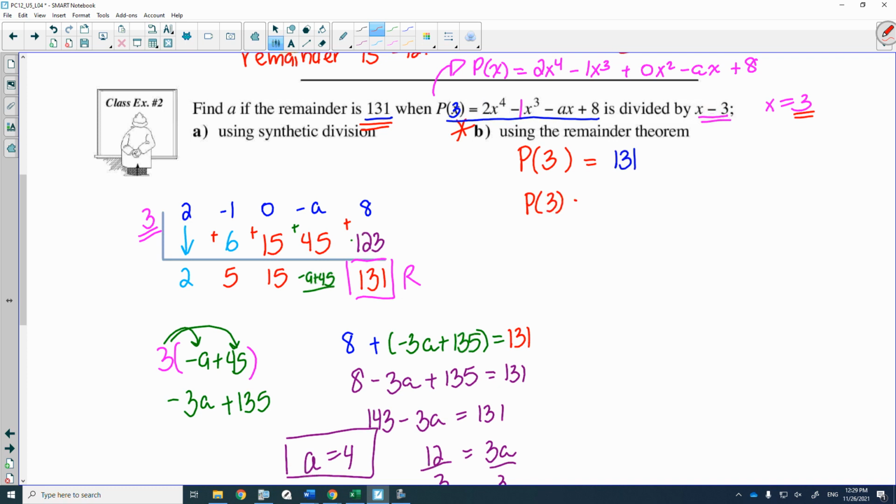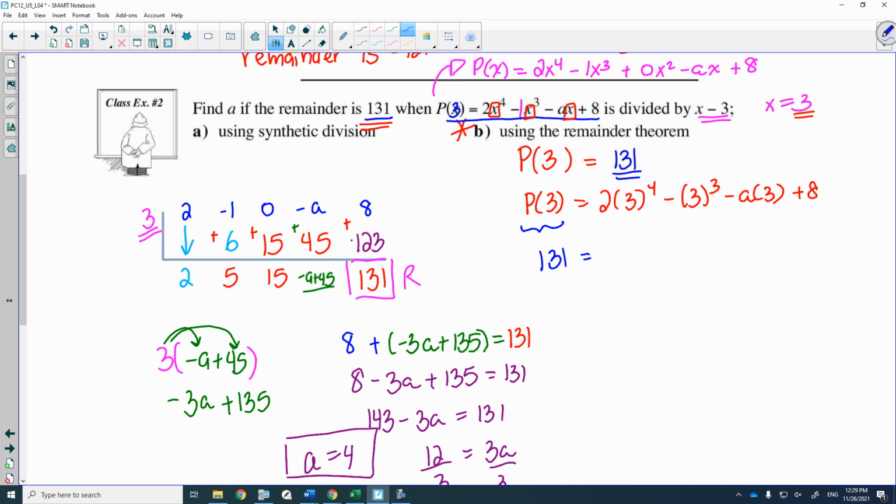P of 3 is equal to, take those x's out and input your 3. So that's going to be 2 times 3 to the power of 4 minus 3 to the power of 3 minus a times 3 plus 8. The answer to p of 3, it's always the remainder. So p of 3 is 131.